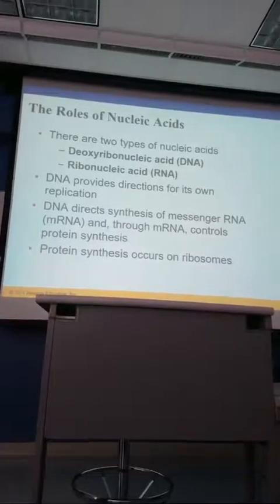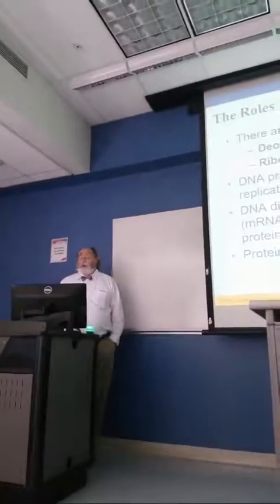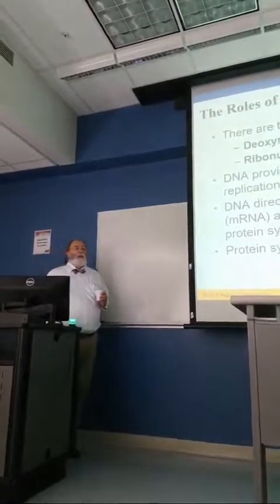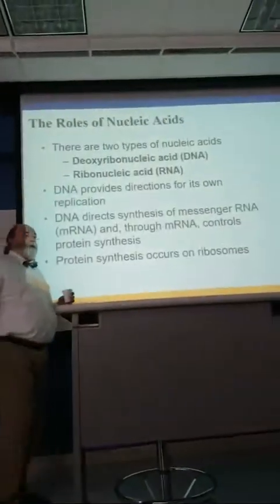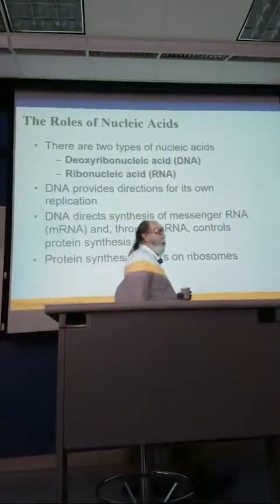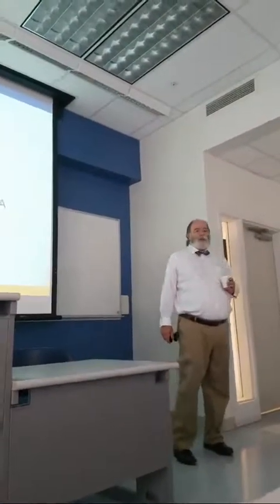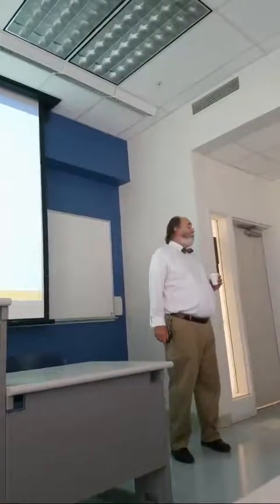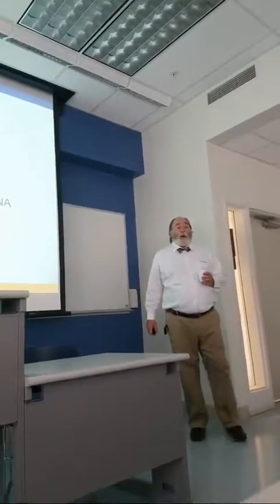Now, we often hear terms about genetic material, DNA, RNA. It refers to the version of the sugar that's attached to that nitrogen base. DNA stands for deoxy. What does that mean? Oxygen removed, right?